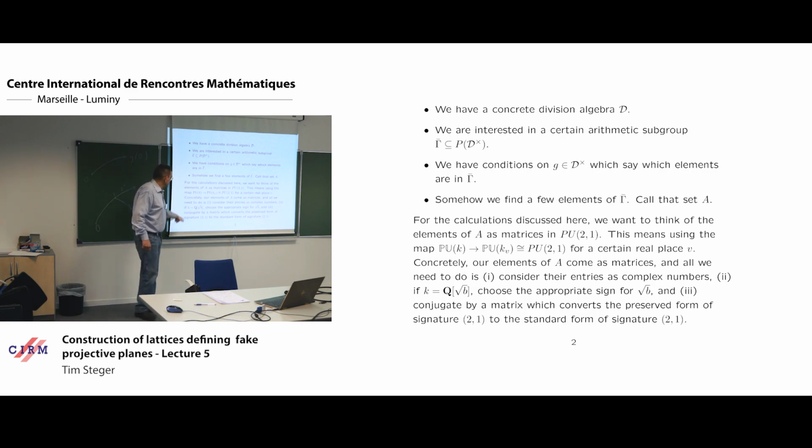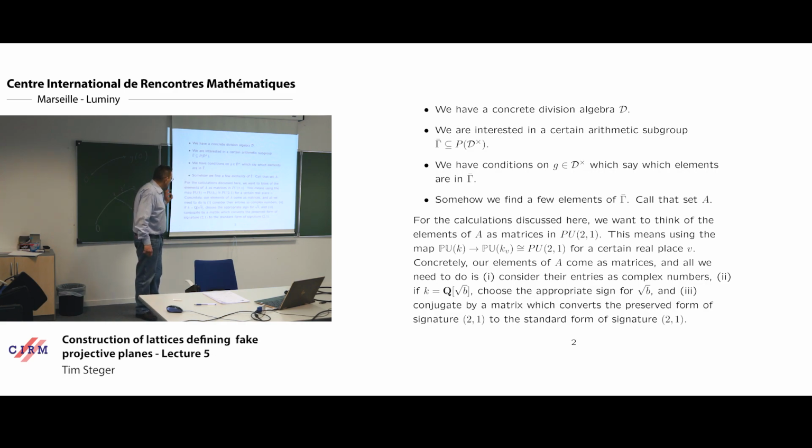Also, in the case that the base field K is of order 2 over Q, we have to choose the correct sign for the square root of B. We arrange it so that for one sign we're going to get PU(2,1), for the other sign PU(3). We want the PU(2,1) sign.